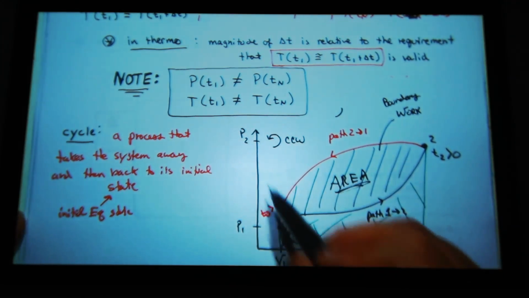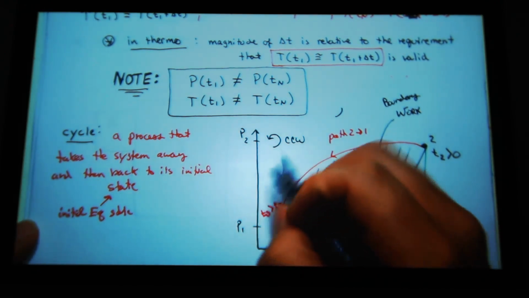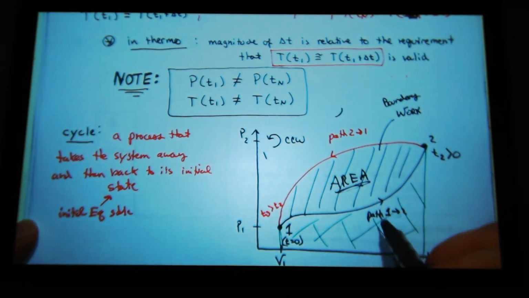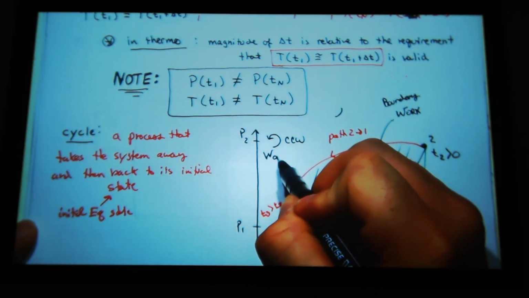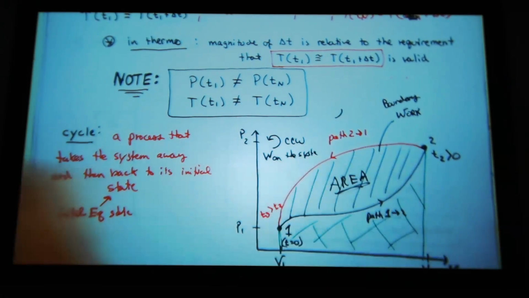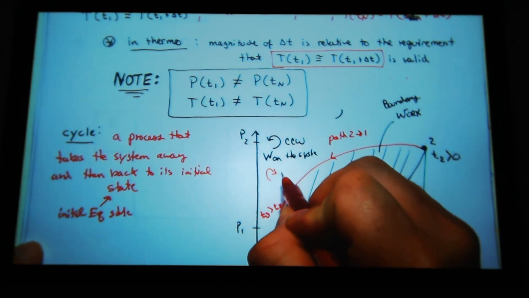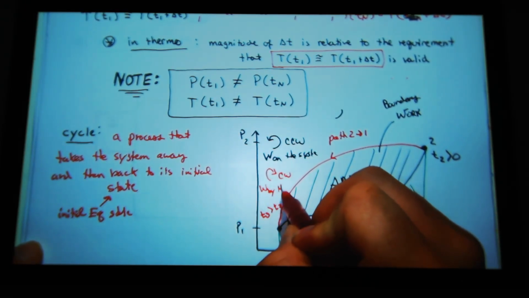So counterclockwise in a PV diagram represents, no, it's not work out, it's work on the system. Work in. Whereas clockwise, work by the system.